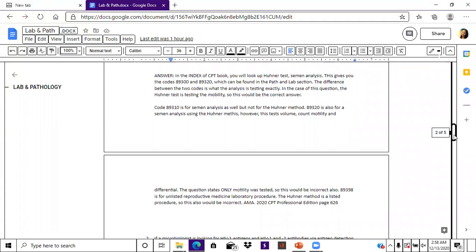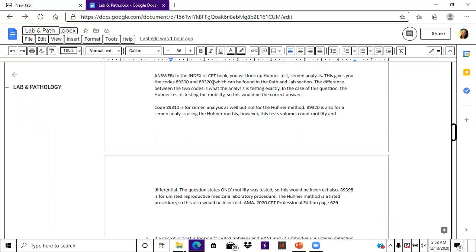If you have your book, you can follow along, and it'll also help you get good at indexing to find the answers. In the index of the CPT book, you will find the Hunter test, semen analysis. This gives you the codes 89300 and 89320.